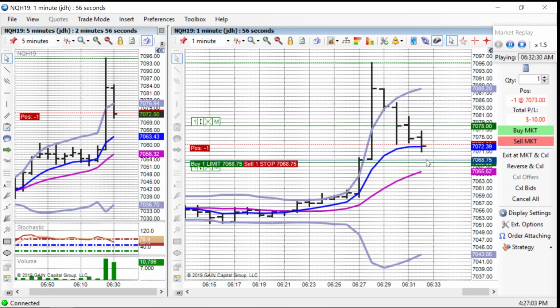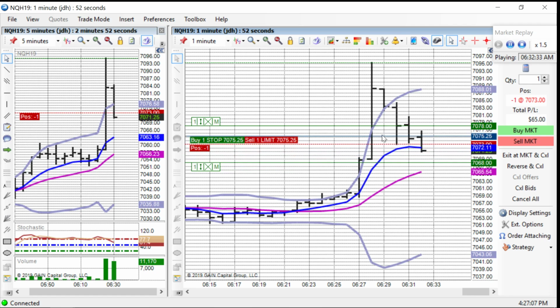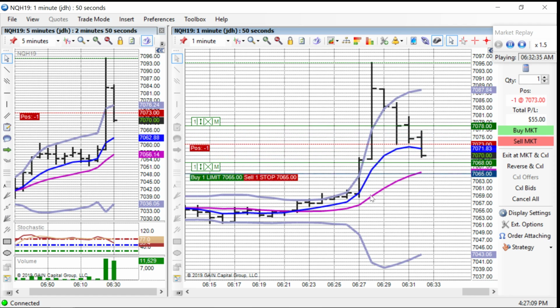As you see, it's not too far to my target, 5 points away. And this is my stop loss order above it here. I've got them automatically set, obviously.